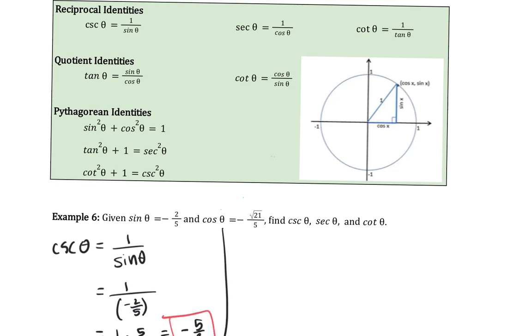Okay, next up, let's find the secant theta. And that is 1 over cosine theta. Cosine is given as negative square root of 21 over 5, so that would be 1 times the reciprocal, 5 over negative square root of 21.